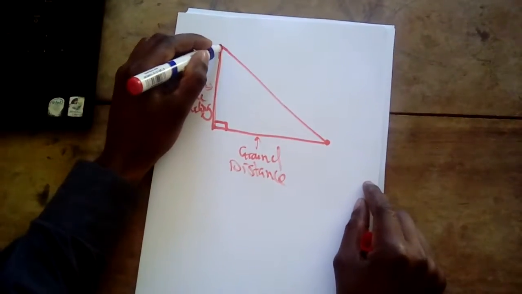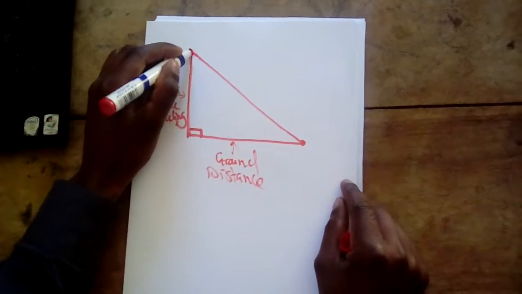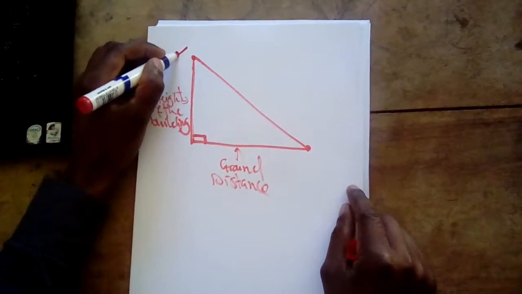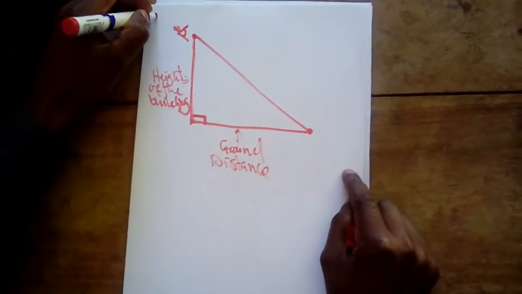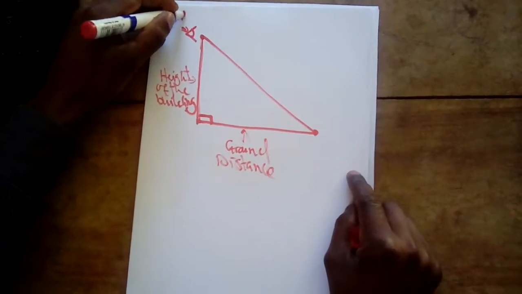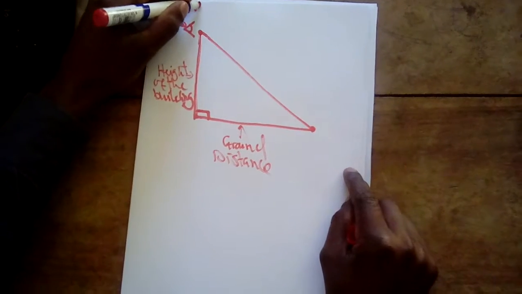And this position here is the top of the building where the observer's eye is. So this is the observer's eye.